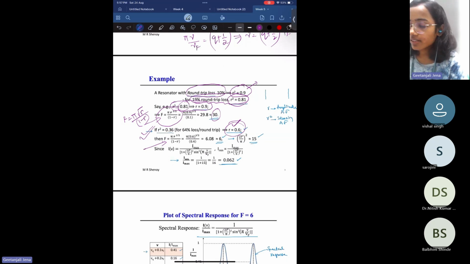Once you have the fineness, you can easily calculate the ratio between I min and I max. If the problem is asking for the ratio between I min and I max, then use this fineness formula, calculate the fineness from the reflection coefficient, and you will get an answer around 0.062.